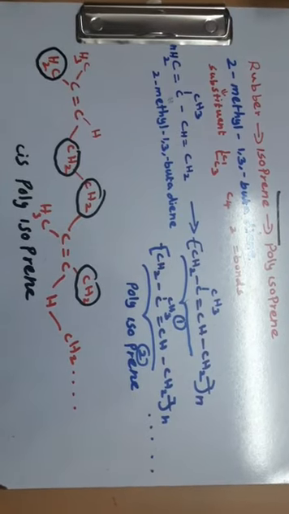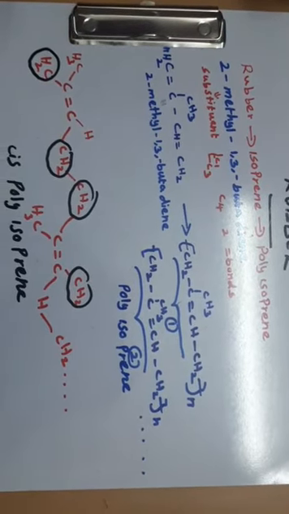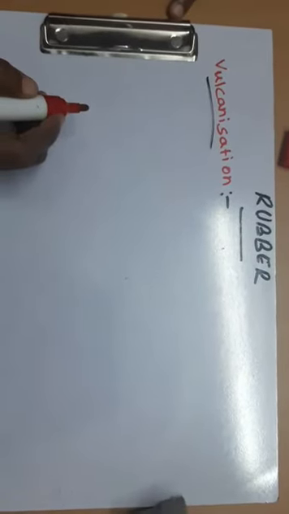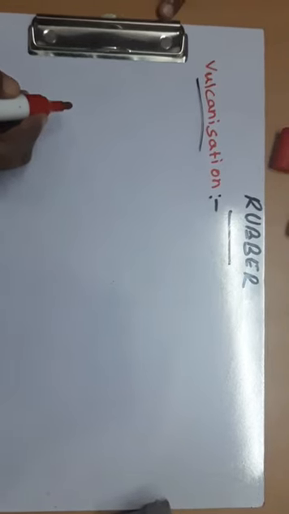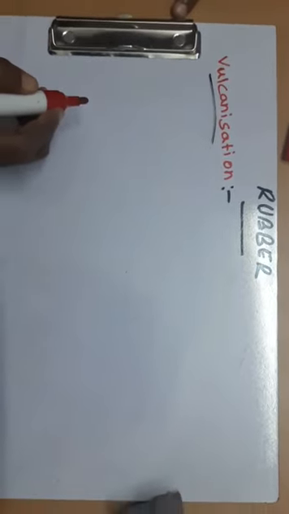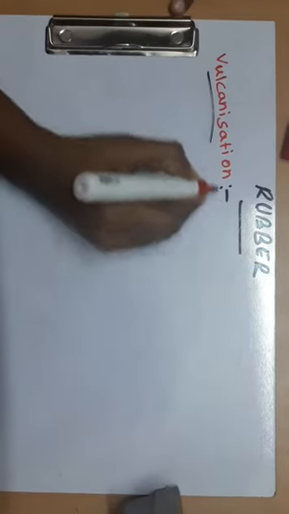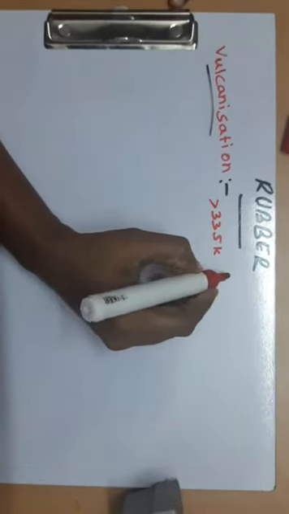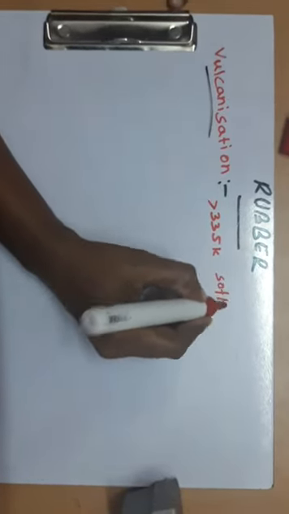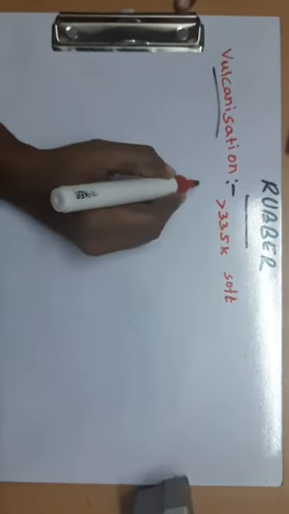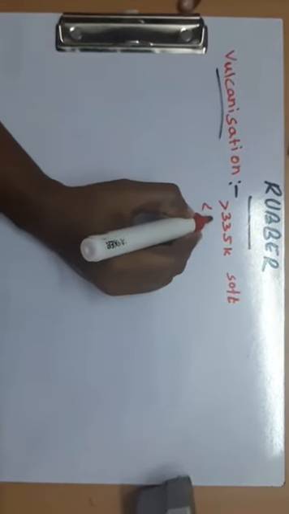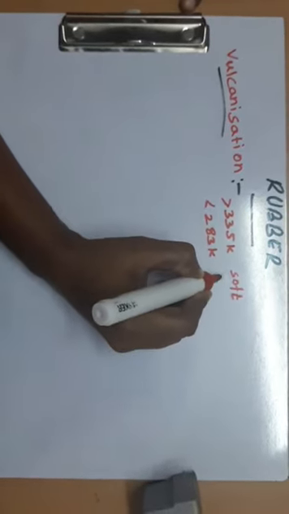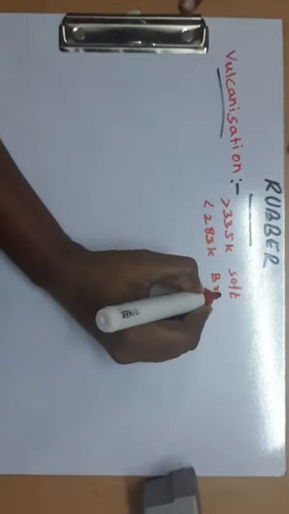Next one is vulcanization. Why do vulcanization reactions take place? Because natural rubber has the following characteristics. When we apply heat greater than 335 Kelvin, it becomes very soft. At the same time, at low temperature, 283 Kelvin, it becomes very hard, that is brittle.